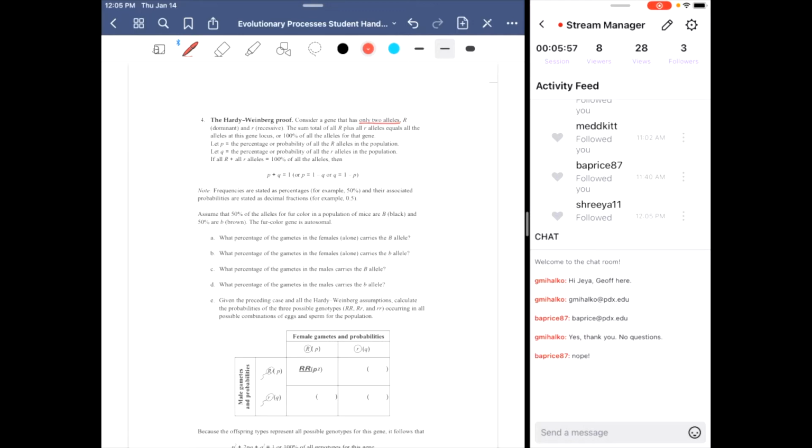So a big R, we're going to assume is dominant, and little r is going to be recessive. And the sum of the dominant allele and the recessive allele is all alleles in the gene locus, or 100% of the alleles of that gene.